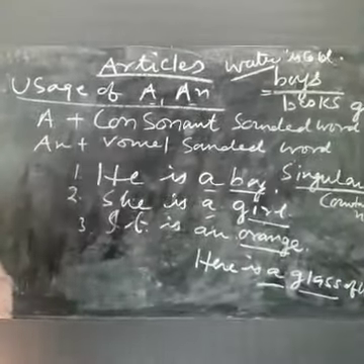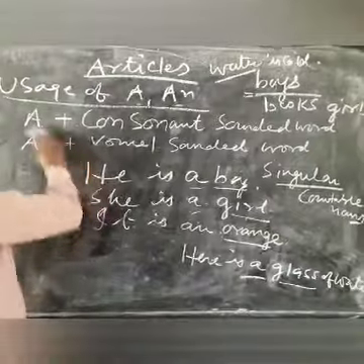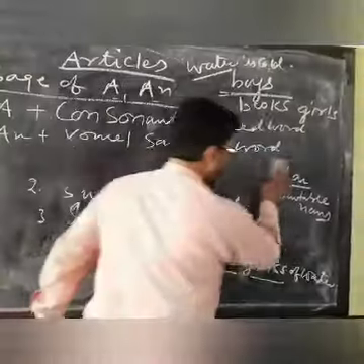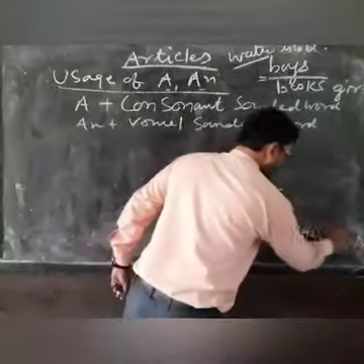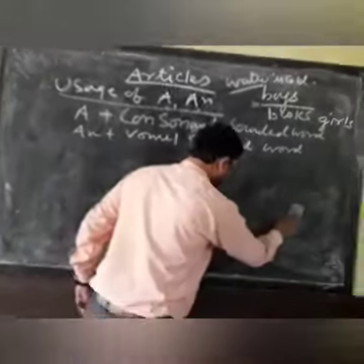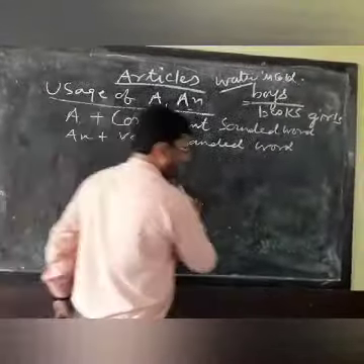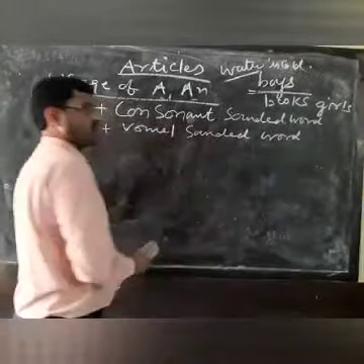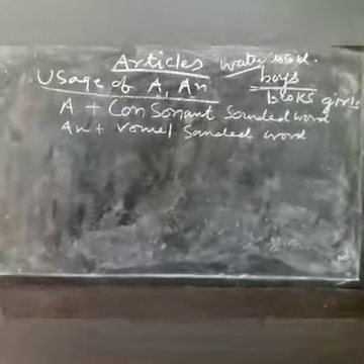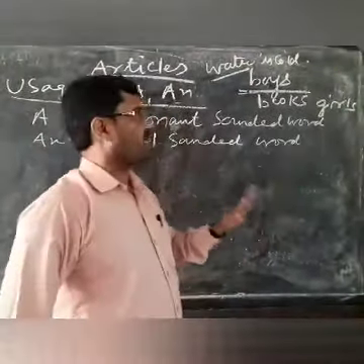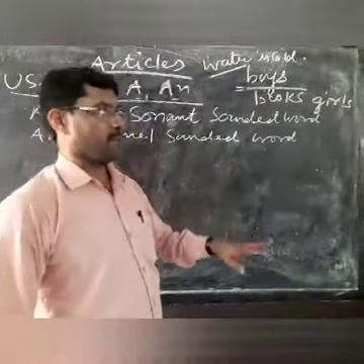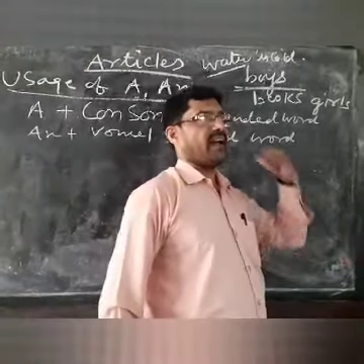As I have said, a and an are used before singular countable nouns, neither before plural nor before uncountable nouns. Then what is left, my dear students? Only singular countable nouns are left, where before them we should use a and an.